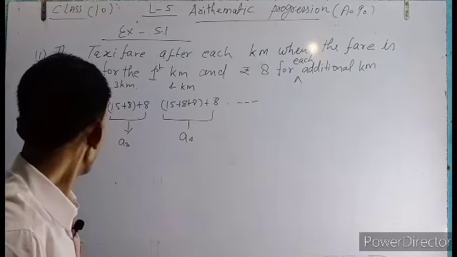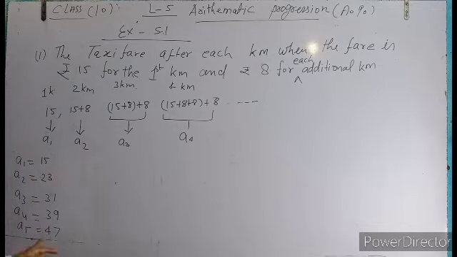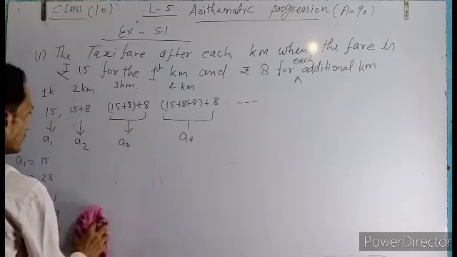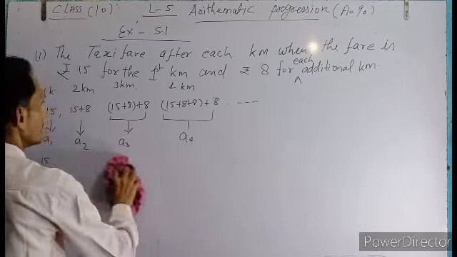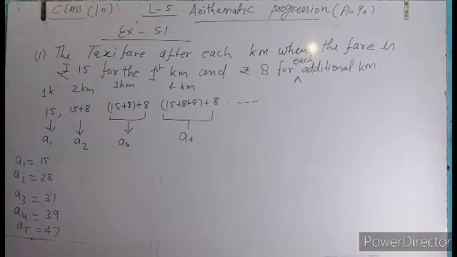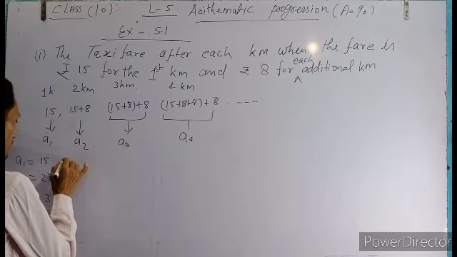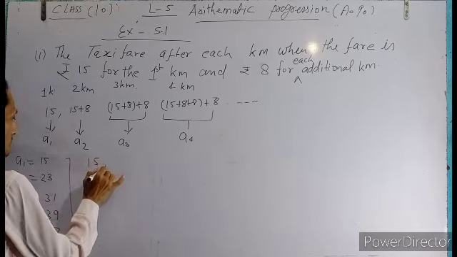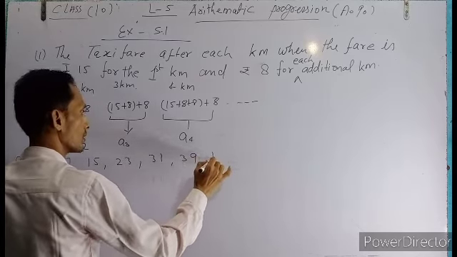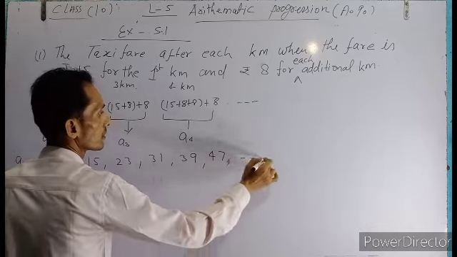So the sequence is 15, 23, 31, 39, 47, and so on.